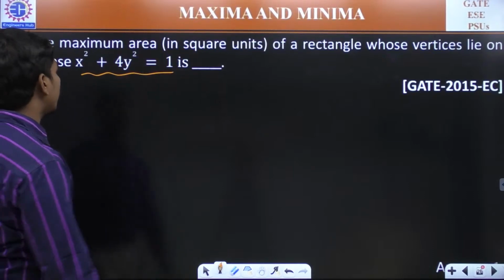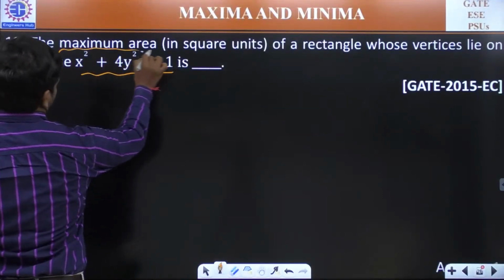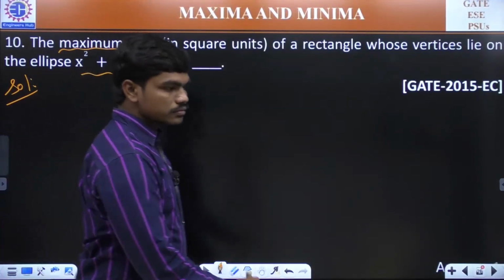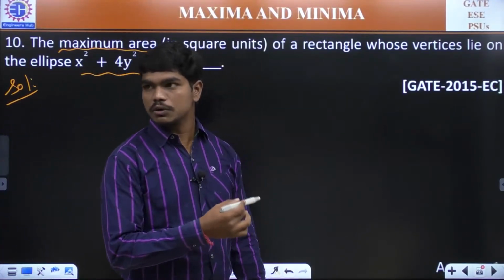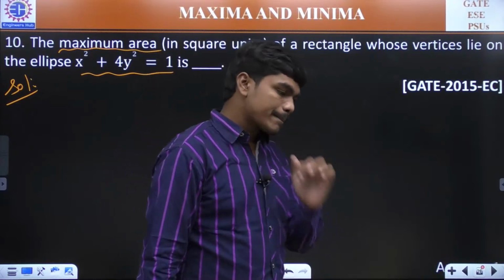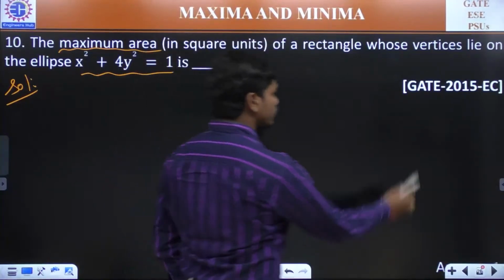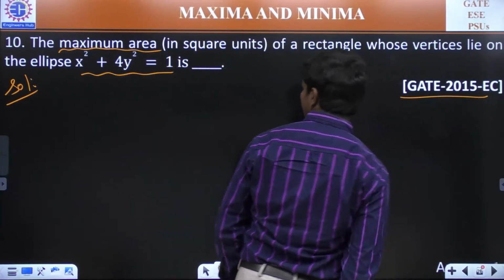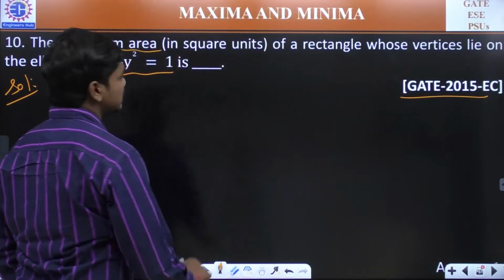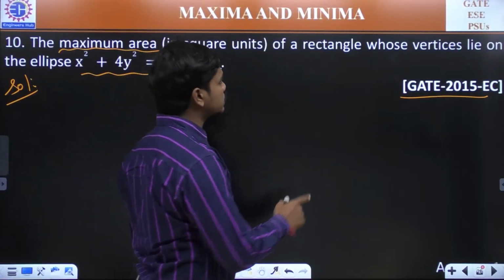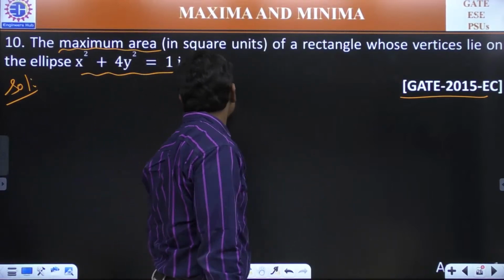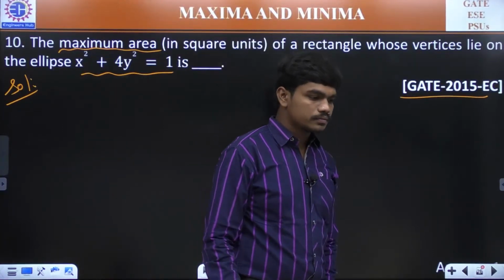So better you find what the maximum area possible is. So please try to do this question. It's a good question actually. Again, it came in 2015. The maximum area in square units of a rectangle whose vertices lie on the ellipse x square plus 4y square is equal to 1.